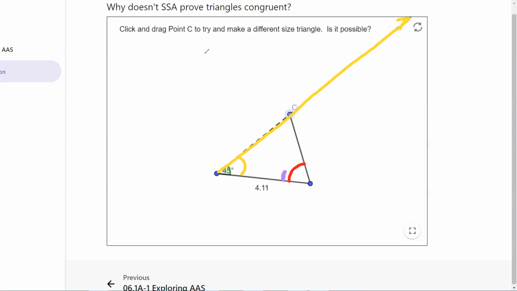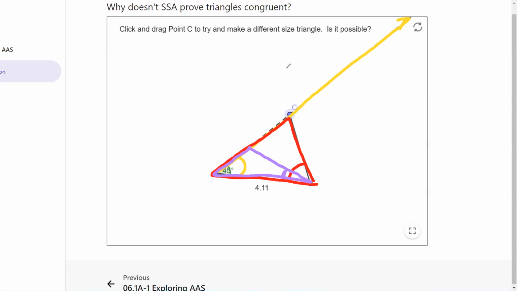One triangle would have been this one here, and the other triangle is this red one here now. So I could have that as a triangle, or I could have had this as a triangle.